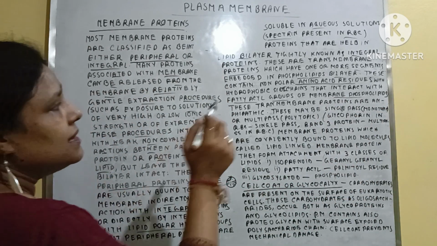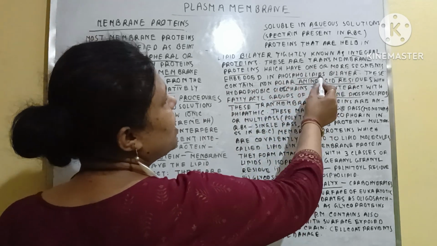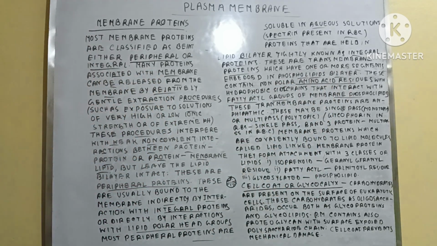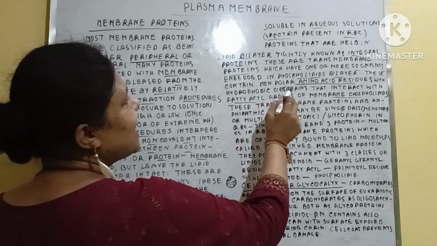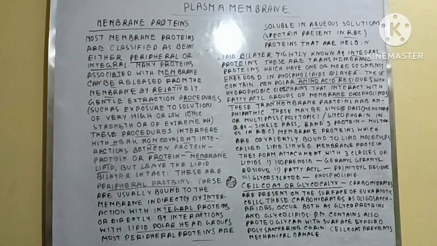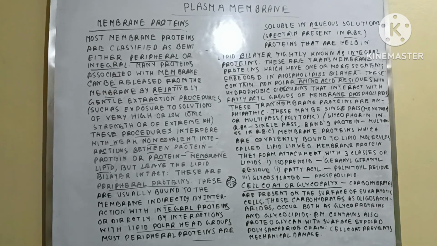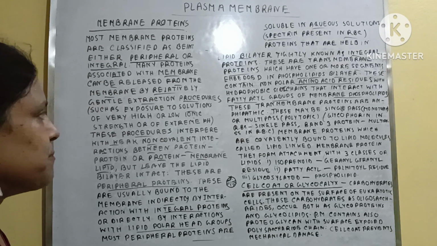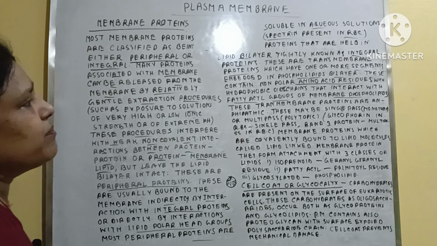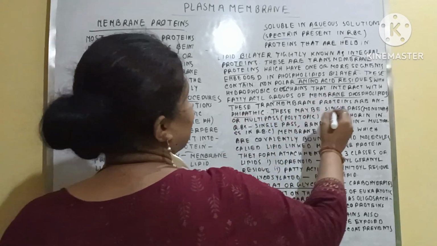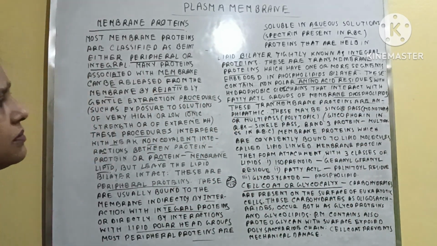Why? Because they have non-polar amino acid residues and hydrophobic side chains attached to the fatty acyl groups of the phospholipids. These transmembrane proteins are amphipathic.